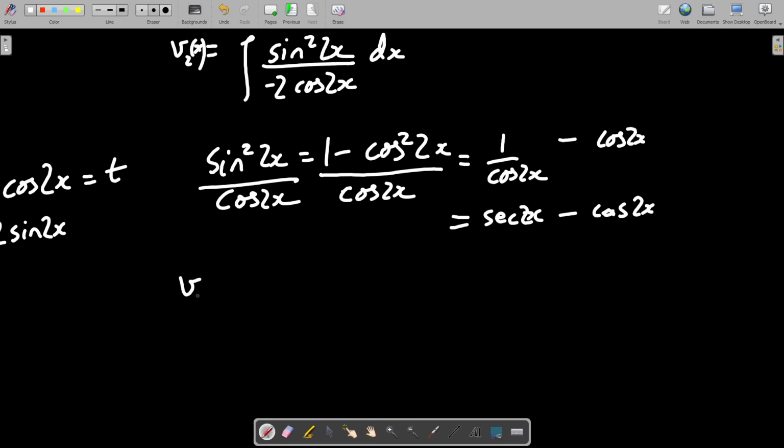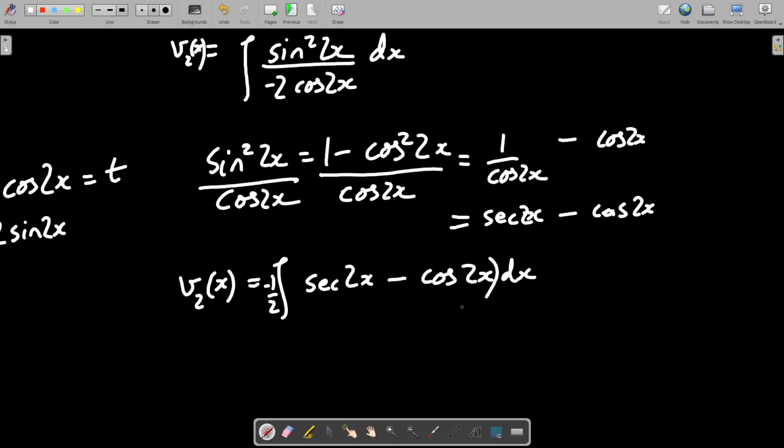So write down, v2 of x will be equal to integral of minus half, I'll keep outside, of sec 2x minus cos 2x dx. What is the integral of sec x? Sec x tan x, no?